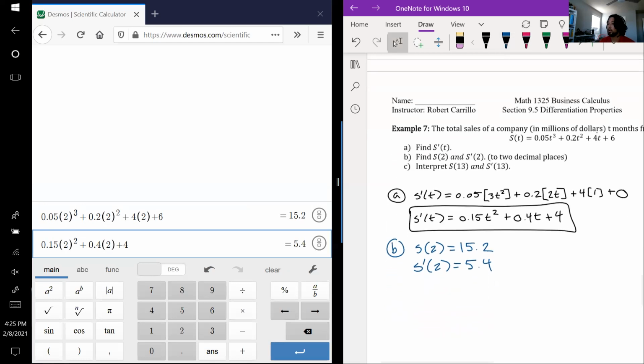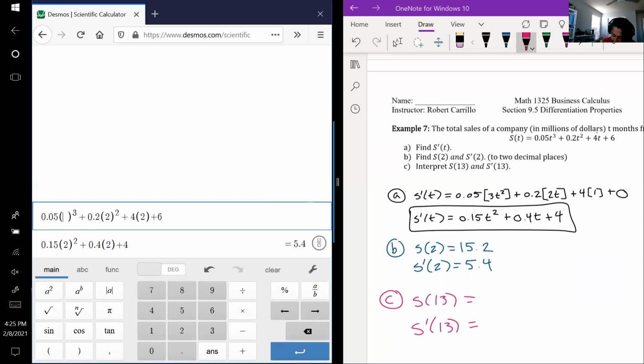Now C says plug in 13 to the original and plug in 13 to the derivative and interpret what all of it means. So C, we want S of 13 and S prime of 13.